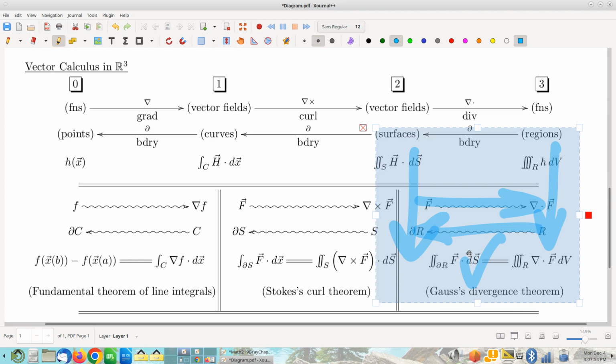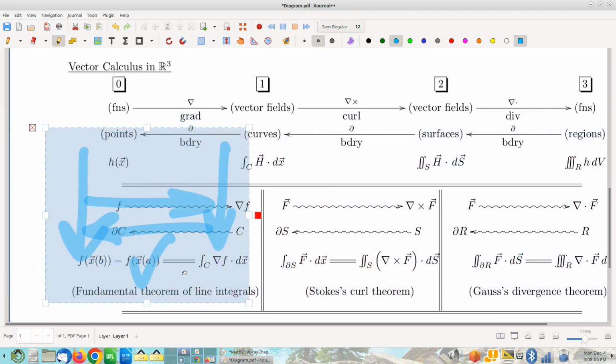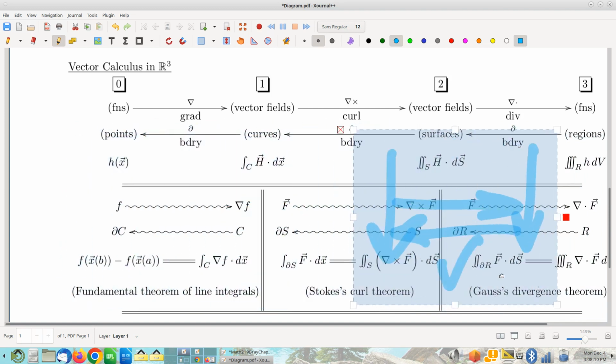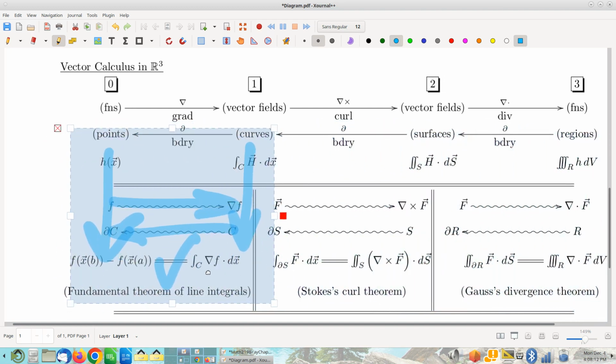I take a solid R and look at the boundary surface of it. Flux on the left, triple integral on the right, same answer.